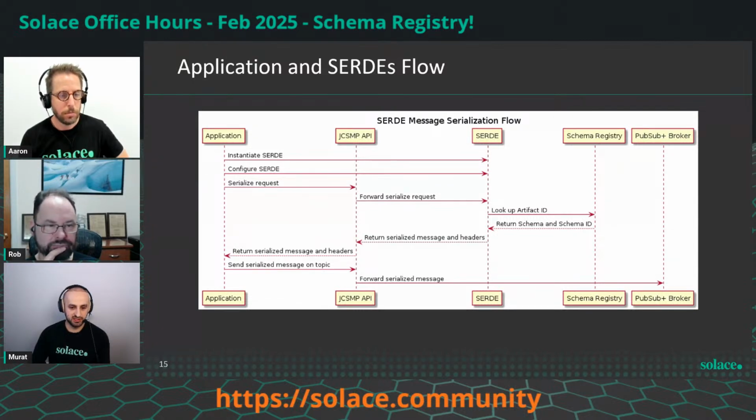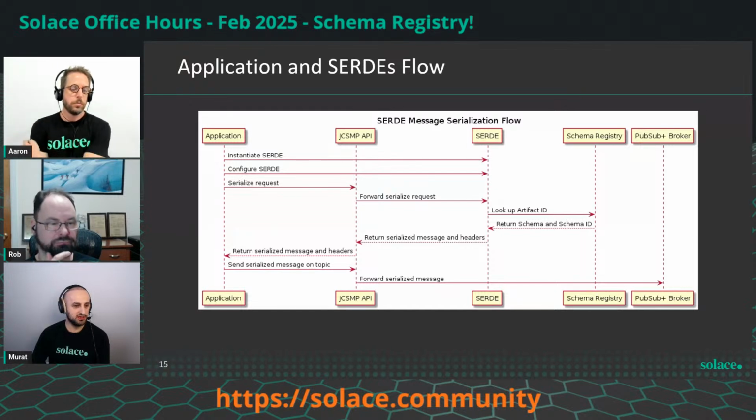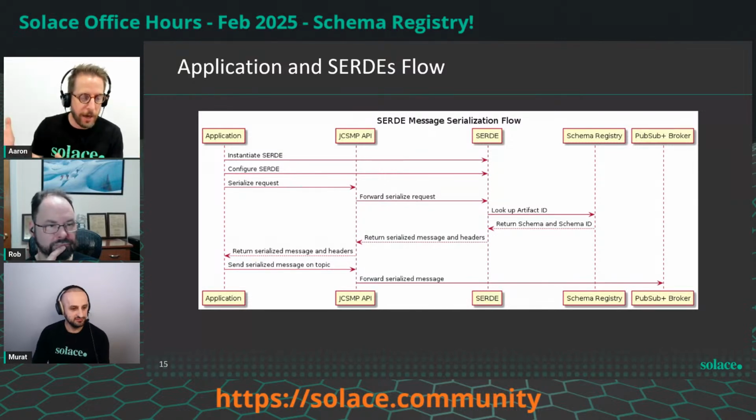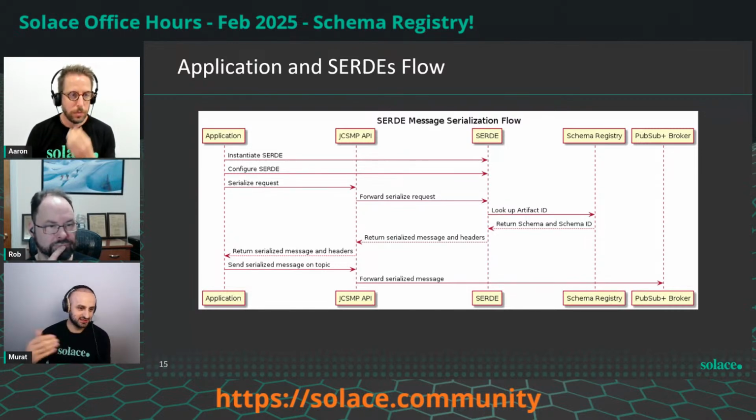The SERDES component itself is quite generic in that sense, where you can make direct calls to it if you know how to handle all the interaction. So if you want to roll your own, like you're using MQTT or something else that doesn't have this capability, you could kind of build it yourself and have it still work. Exactly. Well, as long as, let's just say it's a Java version of the MQTT library.